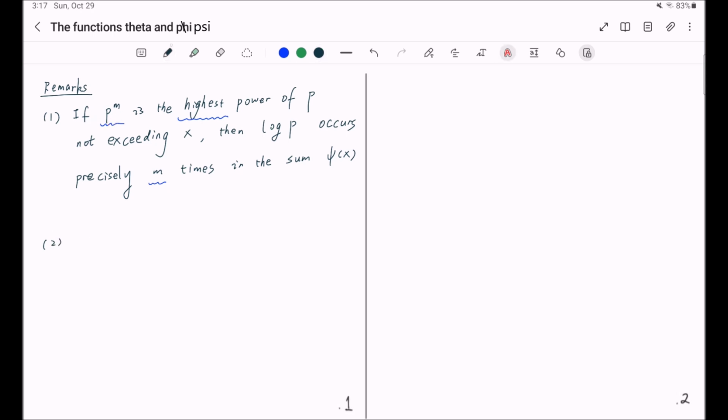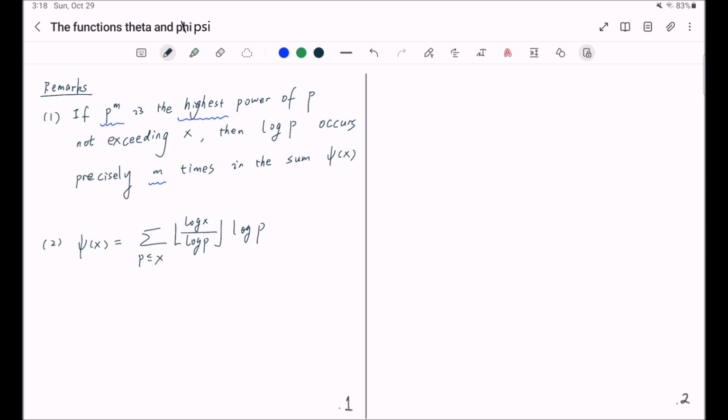Following the first remark, we can write a formula for psi of x as a summation over all primes less than or equal to x of log of p, with coefficient the floor of log of x divided by log of p.